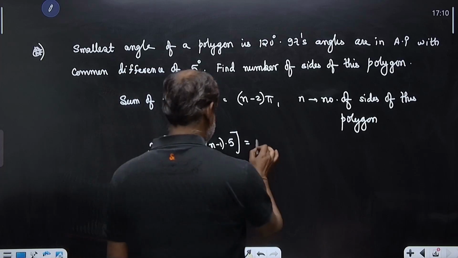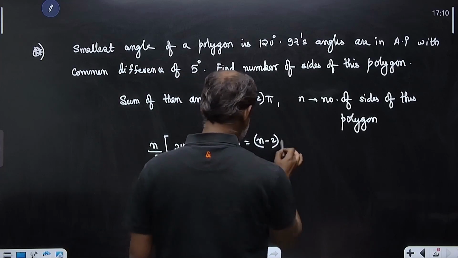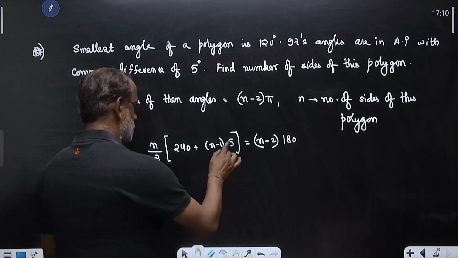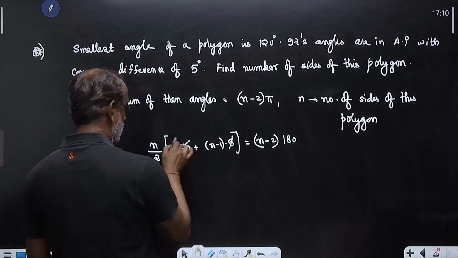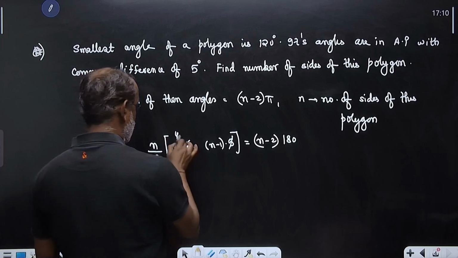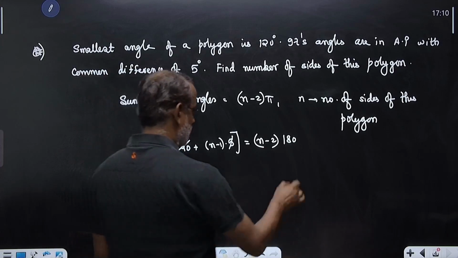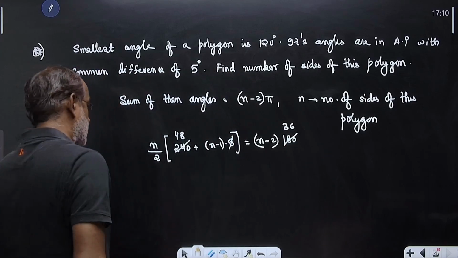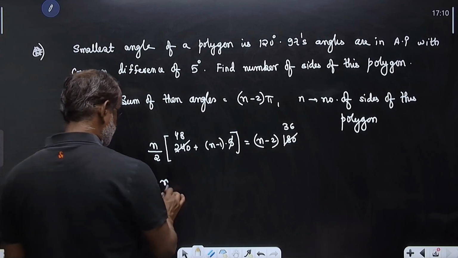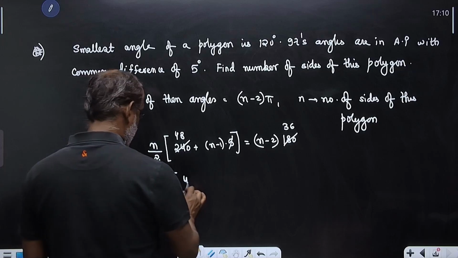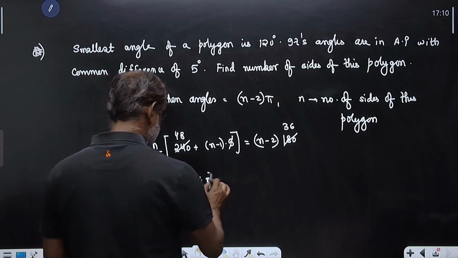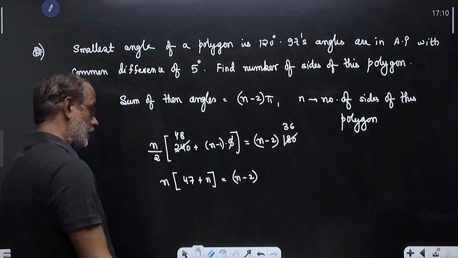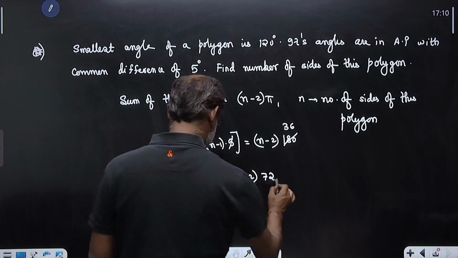So 5n minus 5 plus 240 is 5n plus 235, so n into 47 plus n, that is 36 into 2, 72.